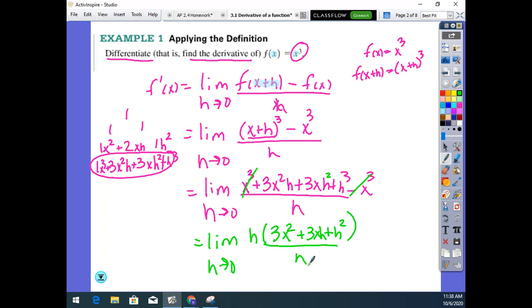You want to factor out the h from everything that has an h. Then you can cancel the h. And then you can plug 0 in for each h. And we're left with 3x squared. What this is telling me is the derivative is 3x squared if f of x equals x to the third.